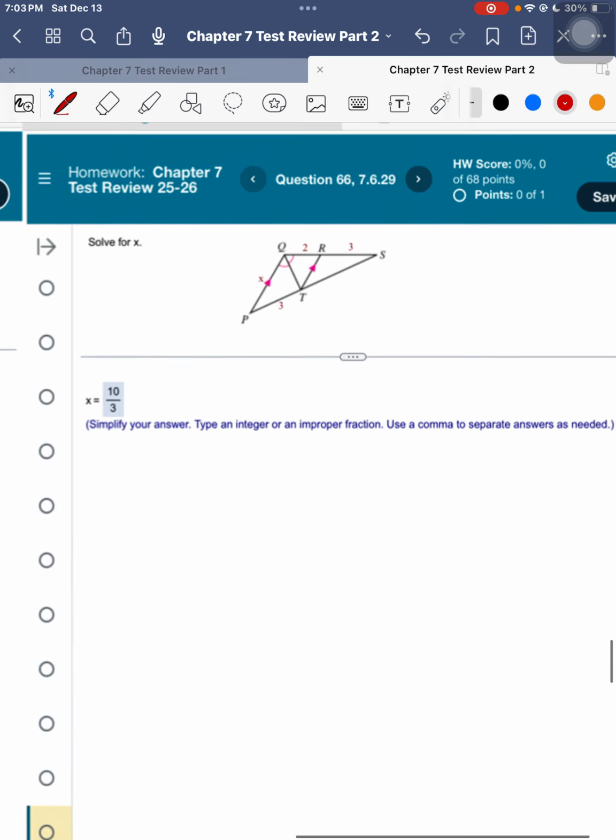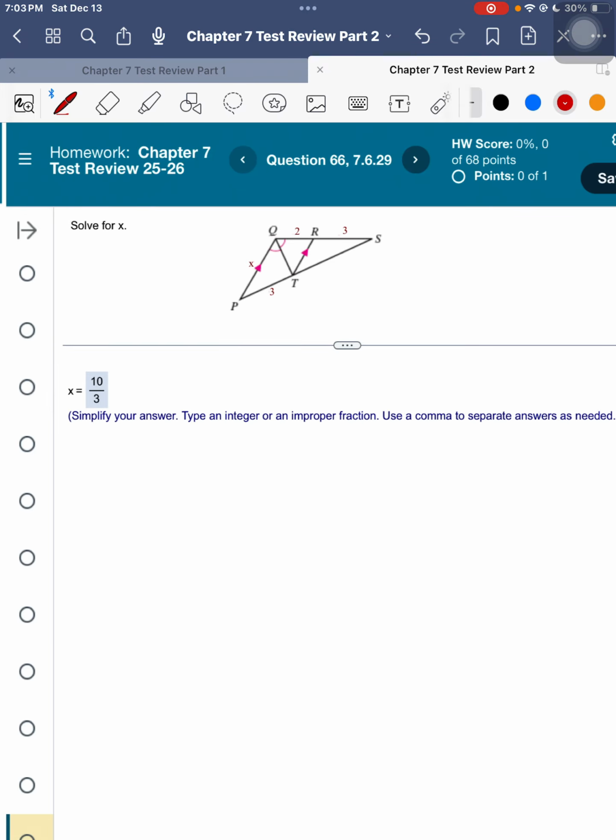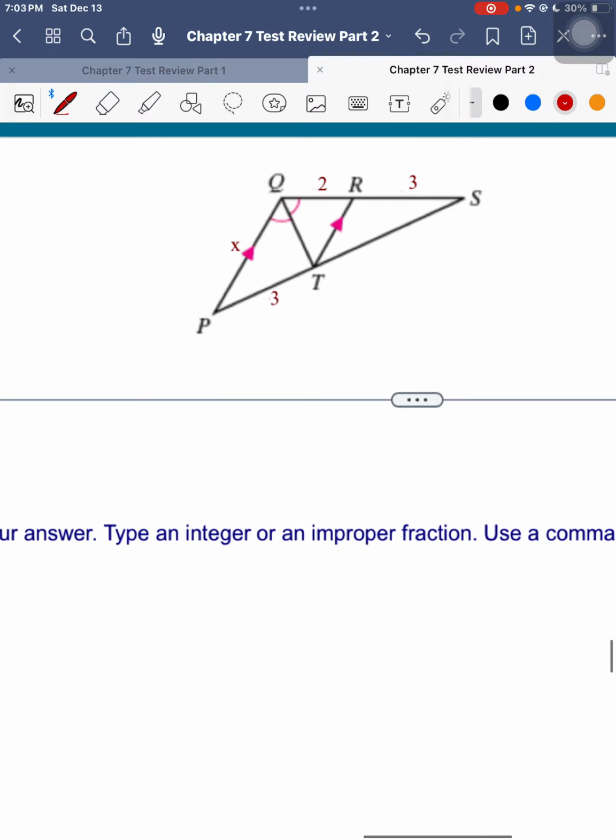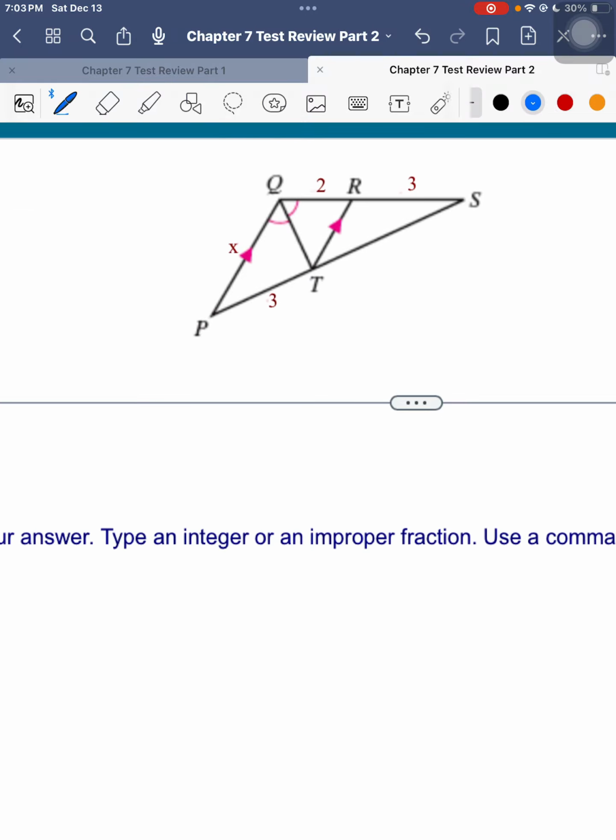Now, this question is hard. So let's do this question. So solve for x. So x is on the triangle, of course, but what do I have here? I have an angle bisector question right here. So this angle bisector tells me that this x is proportional to this 3.